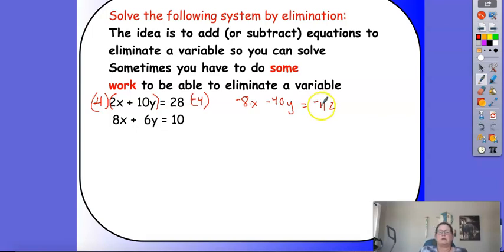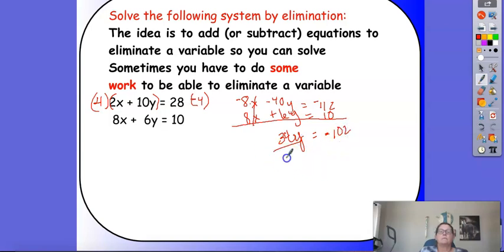Okay. So now when I come over here, I'm going to rewrite the second one. Just going to move it over. Now I can add the 2, and notice those go to 0. And I'm left with positive 34y is equal to -102.